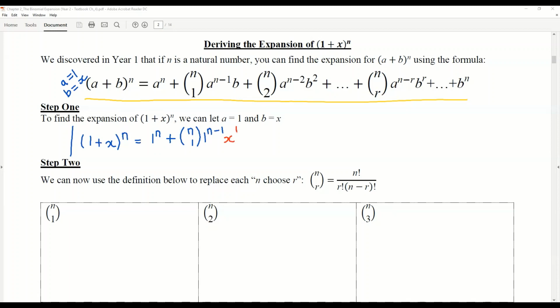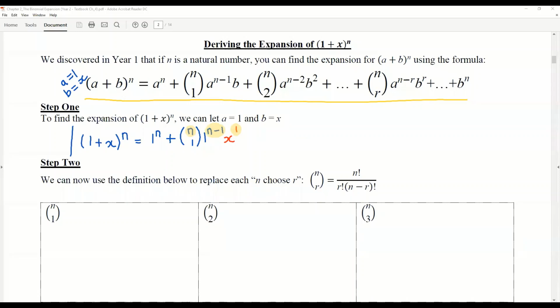And remember, I made a comment in the warm-up that the powers, which we can see here, the n subtract 1 and the 1, they should always sum to the power in your combination coefficient. So in this case, n. So n subtract 1, add 1 gives you n. And it should be the case for every single term.